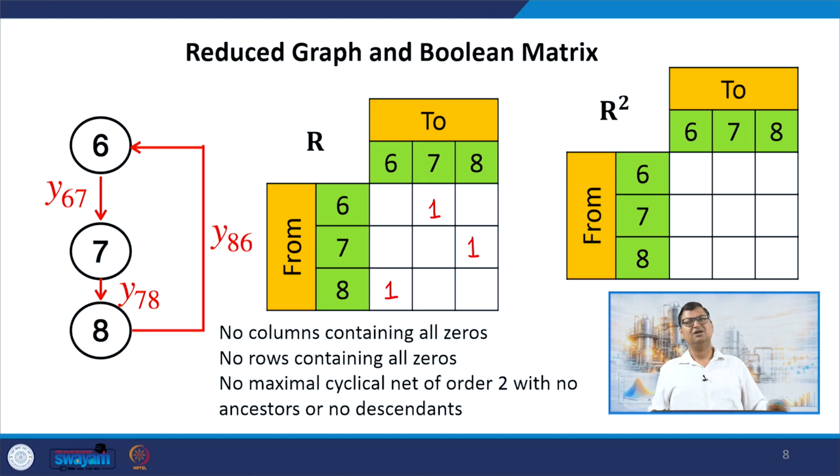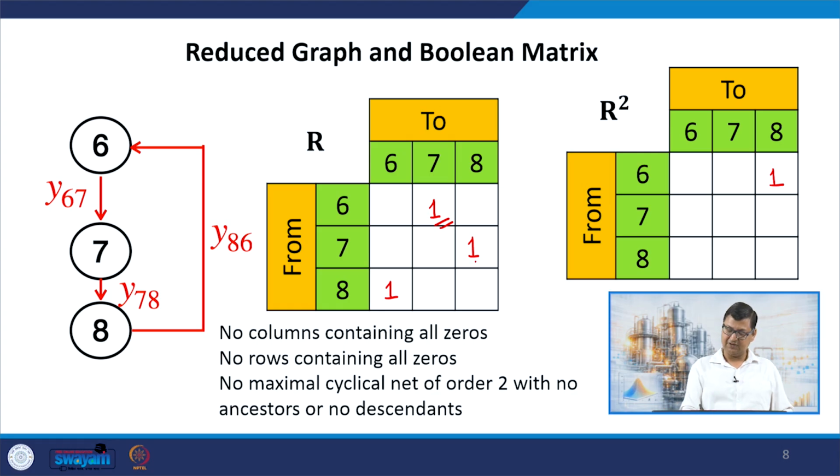We see again, are there now any columns containing all zeros? There are none. Are there any rows containing all zeros? There are none. Are there any cyclical nets of order 2 with no ancestors or no descendants? In order to figure that out, we have to compute the R square, and we can do that. So for the first row, the second element is 1, and the second element is 1 for the third column.